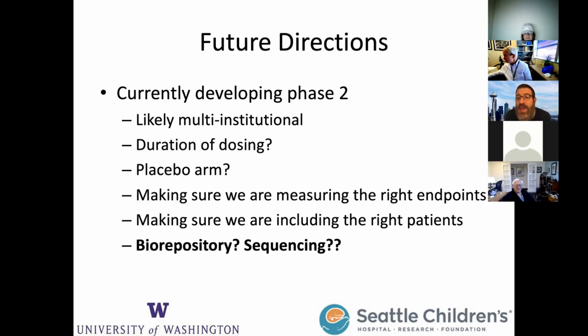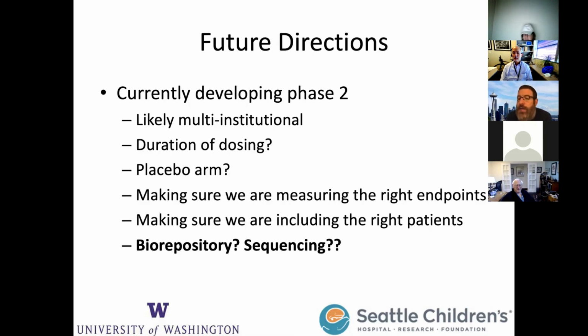We've been asking ourselves a lot of questions about design lately, as far as duration of dosing, which will probably be a 2-week on, 1-week off design, the way we have the OLE. Having a placebo arm, maybe with a crossover, starting half of the patients with placebo, the other half on therapy, and then washing them out and reversing it, putting one on placebo and the other on therapy.